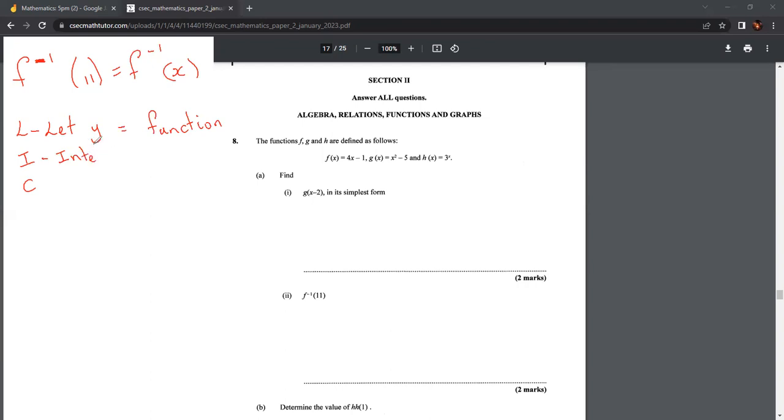So wherever you have x, you put y, and wherever you have y, you put x. And then last step, you're going to change the subject. Basically, make y the subject of the formula or the function.